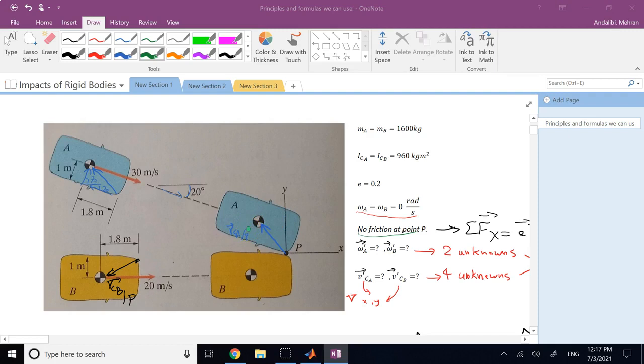Initially, it was going with 28 and let me see how much it was. So it was 30 times sine 20, right? Negative 10.26.